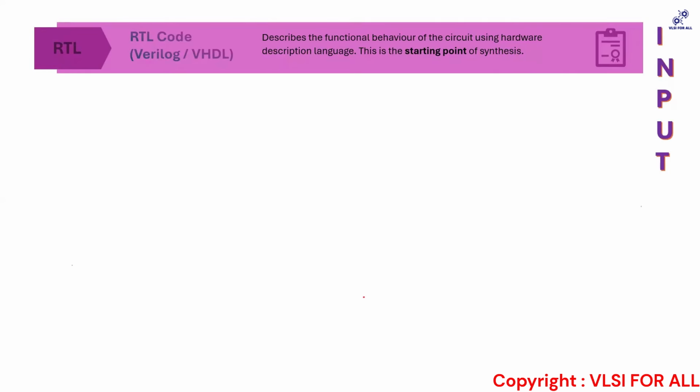This has to be described to the compiler, in the form of a language that a compiler understands. So this is written in either Verilog or VHDL, correct? This is the main, or primary, input which is required.